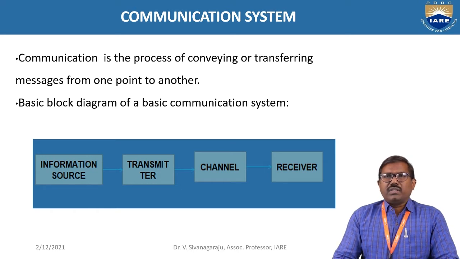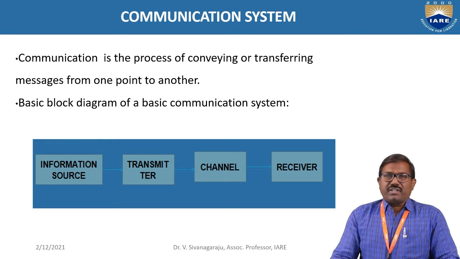Another block is the transmitter. The transmitter's duty is to transmit the signal. Why? The information or message is in baseband, so the information signal can be called a baseband signal. Baseband means originating at very low frequencies.